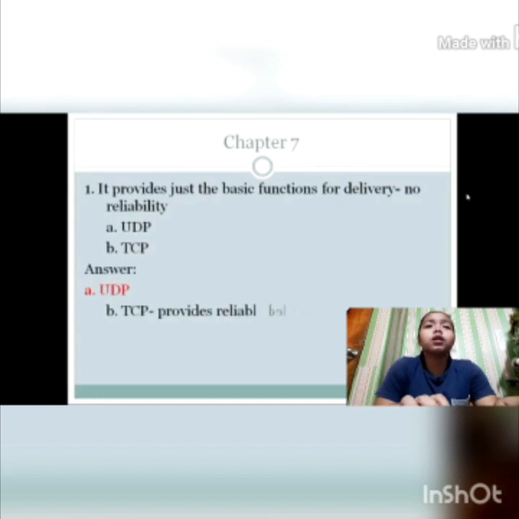Chapter 7, it provides just the basic function for delivery, no reliability. The A is UDP and the B is the TCP.